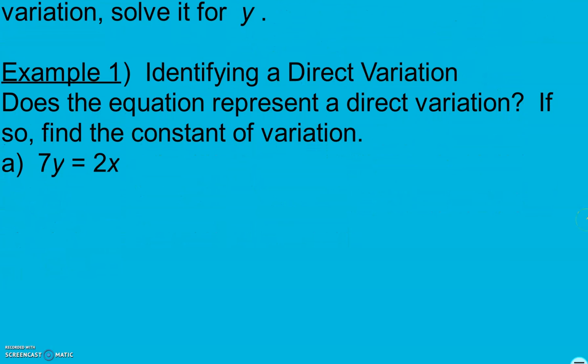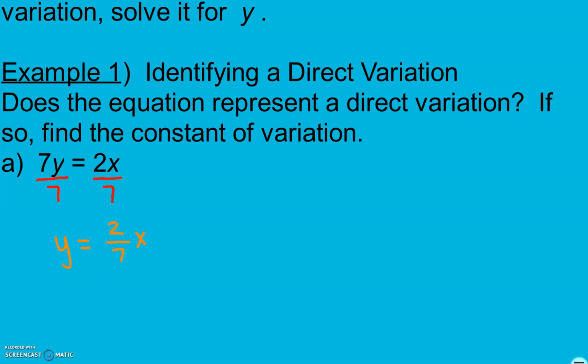So, does the equation represent a direct variation here? If so, find the constant of variation. So the first thing we're going to do is we're going to solve it for y. Y equals, I'm going to write it as 2 over 7 times x. 2x over 7 is the same as 2/7 times x.